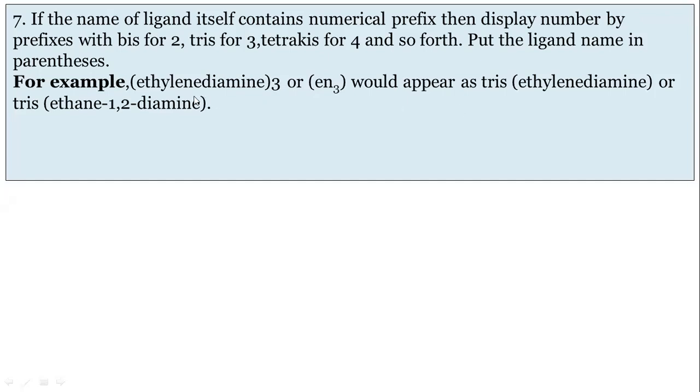So if there are 3 ethylenediamines, the nomenclature will be tris. Tris stands for 3, because the di word is already used in the ligand. Tris stands for 3 ethylenediamine, and bis stands for 2.